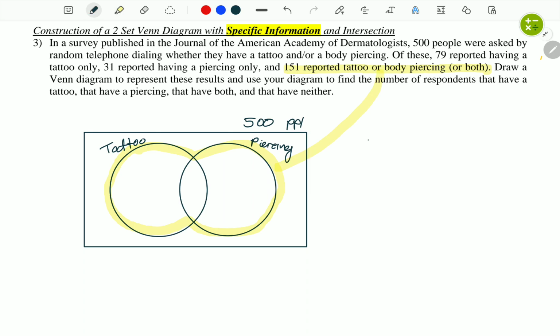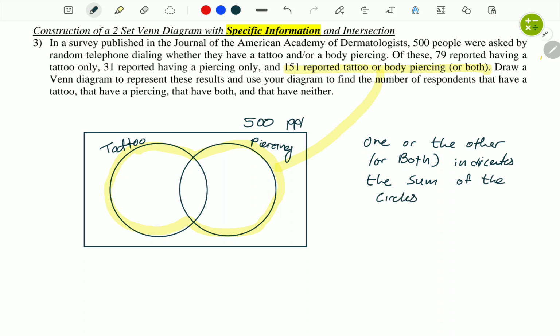So I'm going to write here one or the other or both indicates the sum of the circles. Therefore, the sum of my circles is 151.